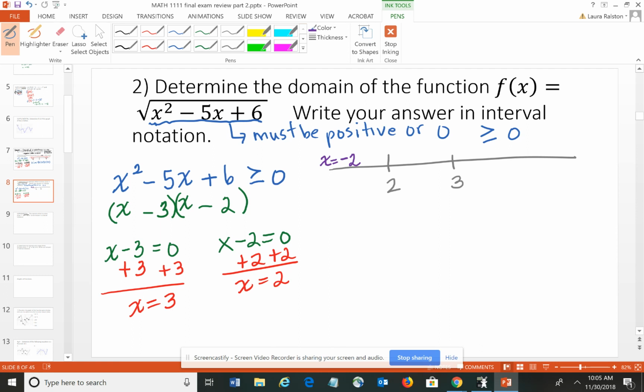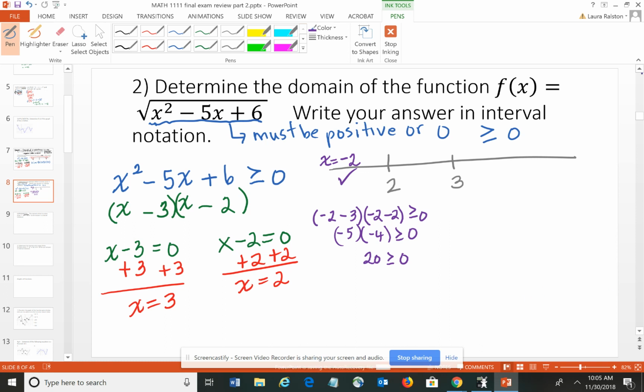So if I plug negative 2 into the problem, I have negative 2 minus 3 times negative 2 minus 2, and that value needs to be greater than or equal to 0. So I would have negative 5 times negative 4, which ultimately is positive 20, which is greater than or equal to 0. So it works in that region.